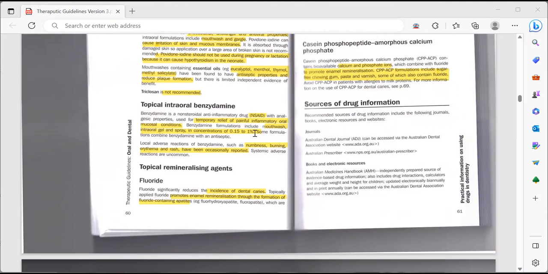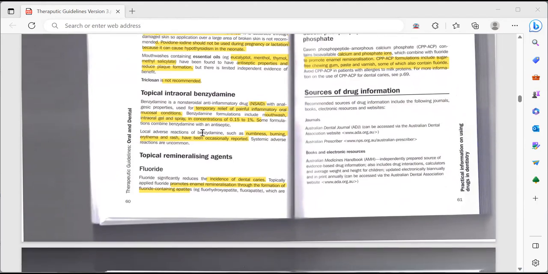Benzydamine is available as mouthwash, gel, and spray, and its concentration is 0.15% to 1%. Some formulations also combine benzydamine with an antiseptic. Its disadvantages are local adverse reactions like numbness, burning, erythema, and rash, which have been occasionally reported. Systemic adverse reactions are uncommon.